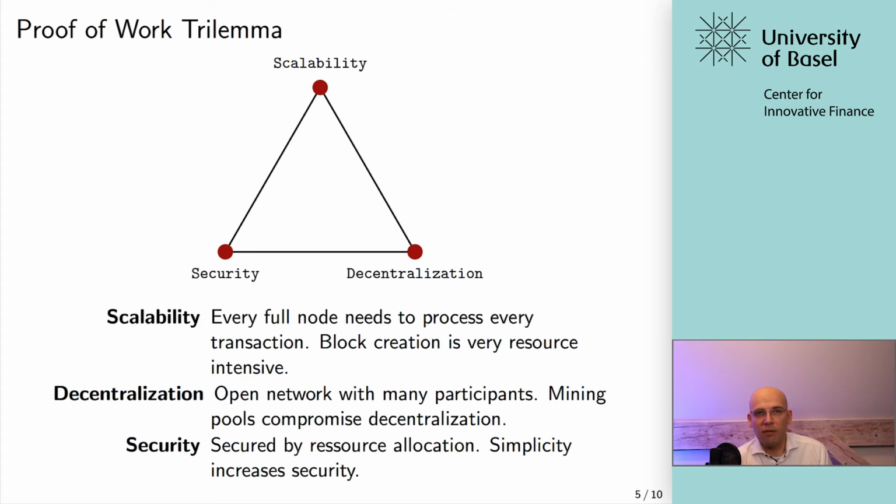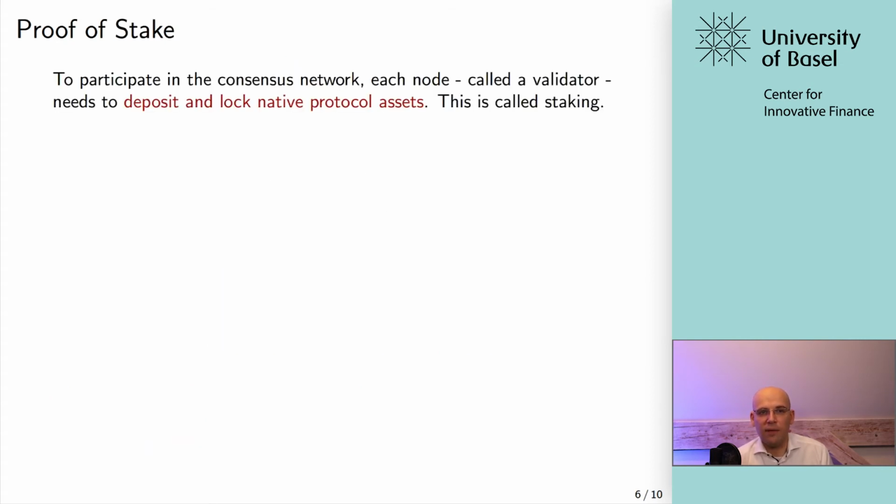So next up we have proof of stake. In proof of stake, in order to participate, you need to provide some resources. Each node, in this case called a validator, needs to deposit and lock native protocol assets. When you're locking these up, basically adding them as collateral to the system, where you can also get punished or so-called slashed, then this is called your stake.